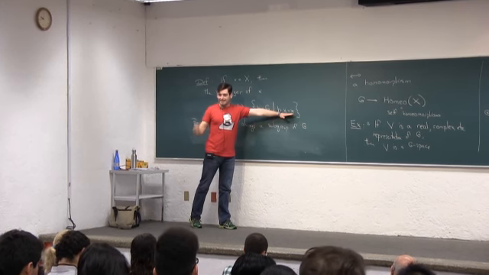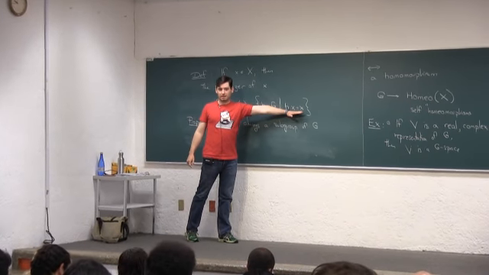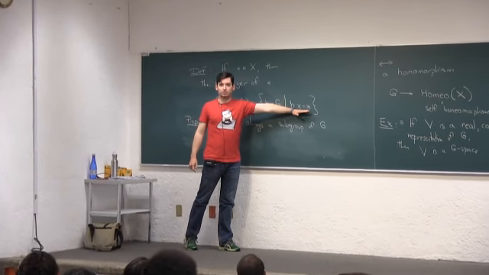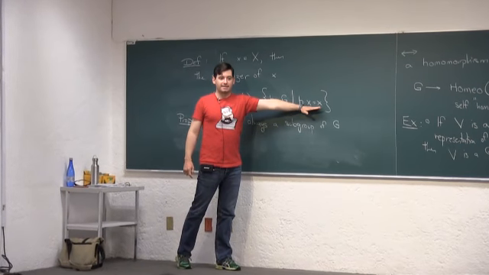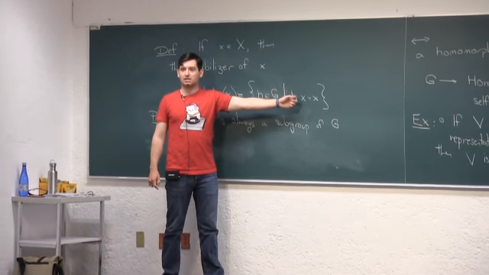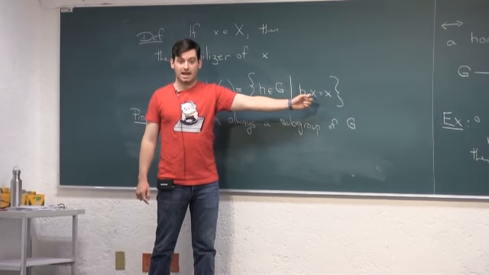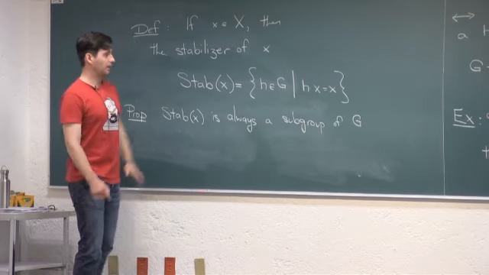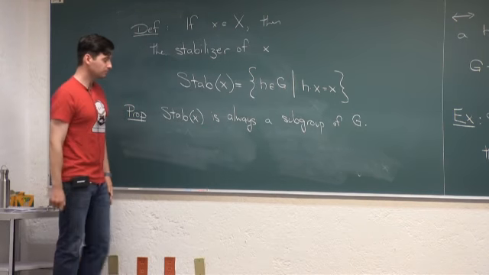And I know that the identity is in this set because the identity times every element of my space is that element. That was the first of the two axioms that I had to satisfy. And then second, I need to know that G times H is in this set if G and H are both in this set, but that's the second axiom. So in fact, I just finished the verification in words.